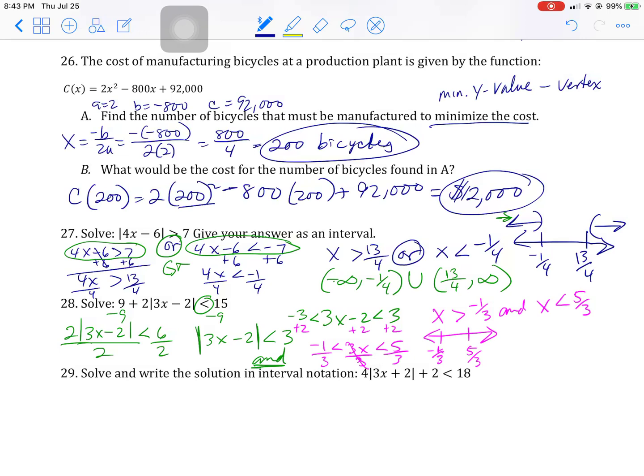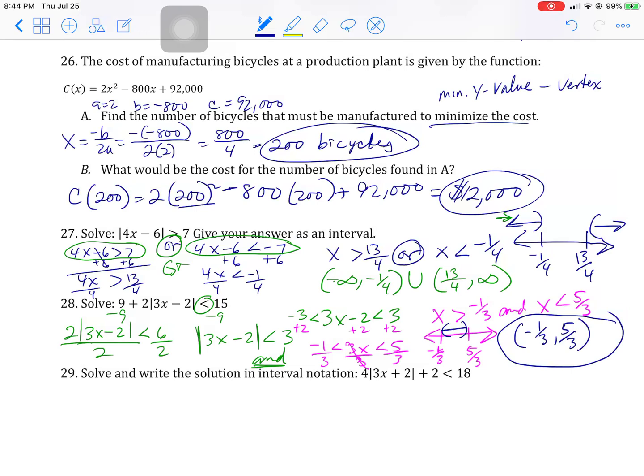And greater than negative 1/3 would be this way, and less than 5/3 would be this way. So we go here like that. All right, so that means parentheses are going to face themselves. The soft brackets are going to face themselves. So that's what that's going to look like in interval notation. Okay, sorry, that's a little messy.